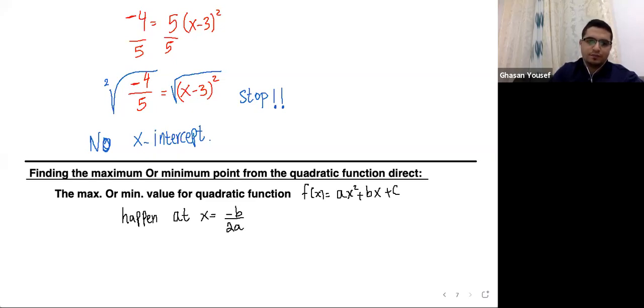If a is greater than 0, the minimum value is f of minus b over 2a.